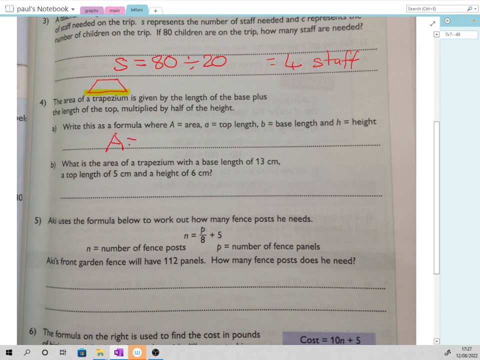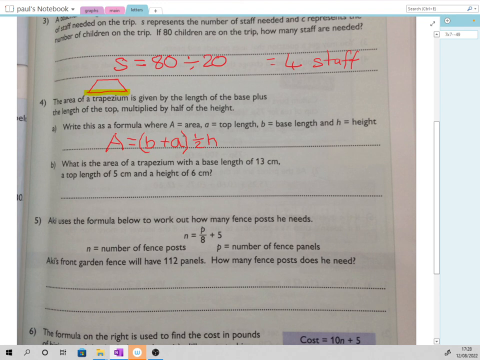The area of a trapezium is given by the length of the base, plus the length of the top. The top is a, so b plus a, multiplied by half of the height. So we're going to multiply these, multiplied by half of the height.